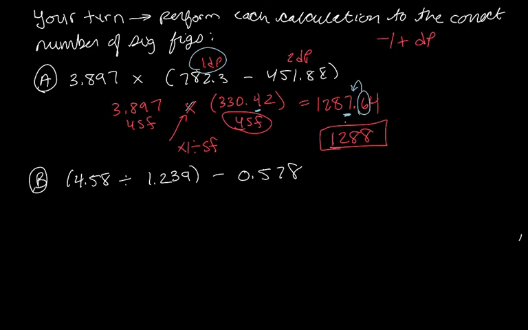As for the next one, let's look at parentheses again first. We always look at parentheses, and we notice that in our parentheses we're going to use the multiplication division rule, and so we're going to look at significant figures. This has 3 sig figs, and this has 4 sig figs. Okay?